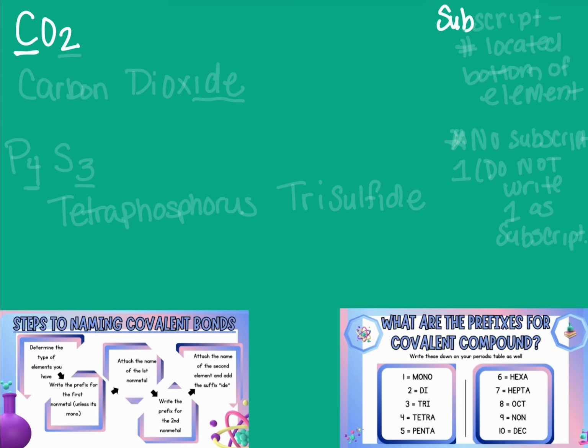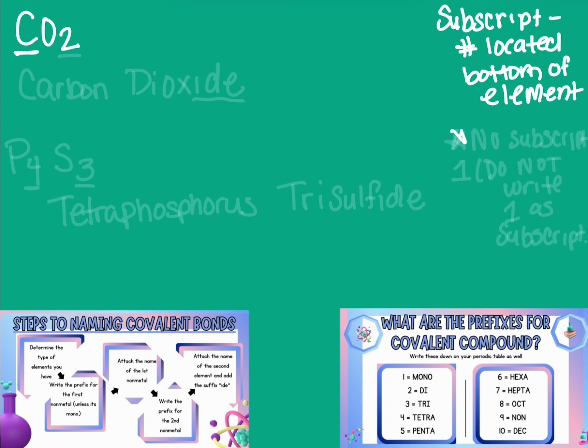I'm actually going to write a little note here. The subscript is the number located at the bottom of the element. This number helps us to identify how many of that element is present. When we don't see a number or a subscript next to the element, we know that element is basically one.